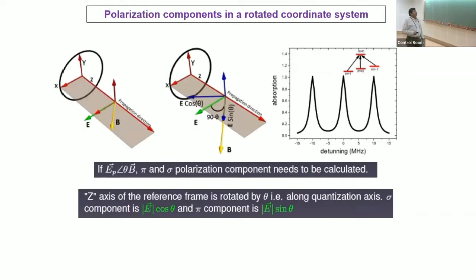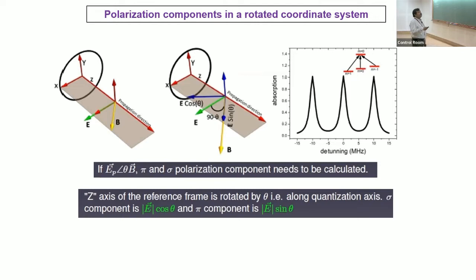Now, here what we want to do is change the quantization axis, so I change the B to some other direction from the propagation direction. Now the electric field and the magnetic field make an angle between them, and in this condition the electric field has components along the quantization axis, and therefore both the sigma and pi polarization components need to be calculated.